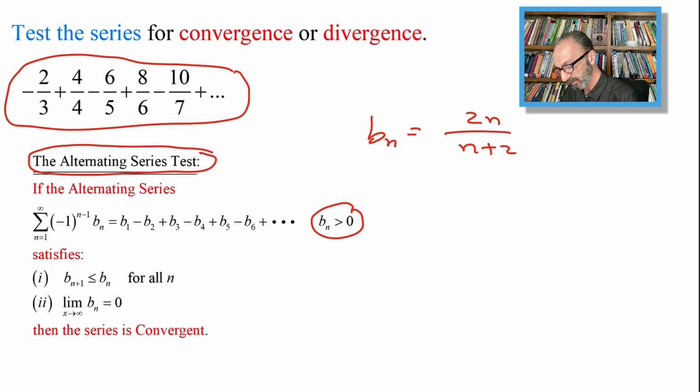And it came up to be not decreasing, and the limit was 2 over 1, which is 2, and that is not equal to 0. So we can't use this right here. If both conditions are valid, we say it's convergent, but it's not convergent.